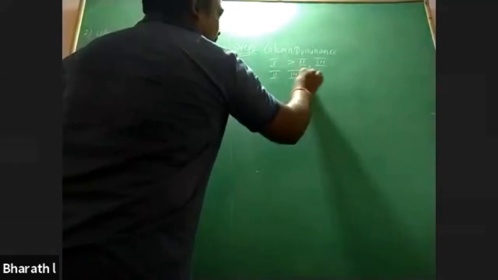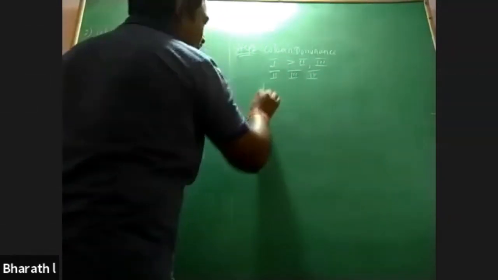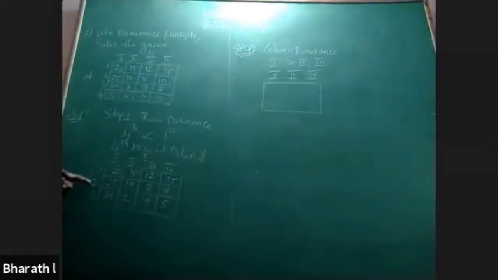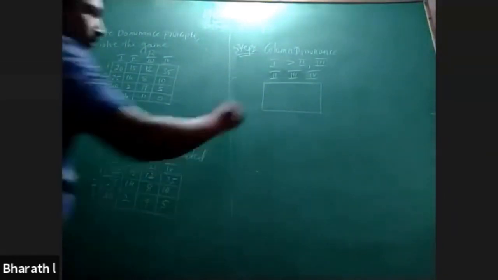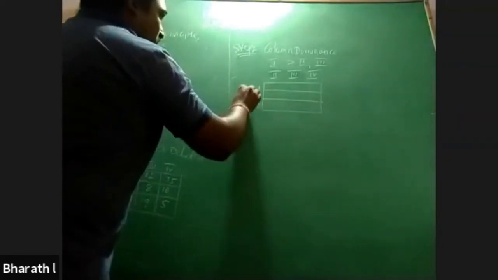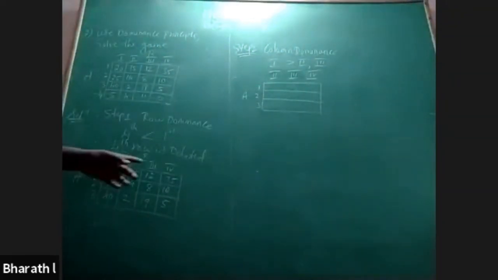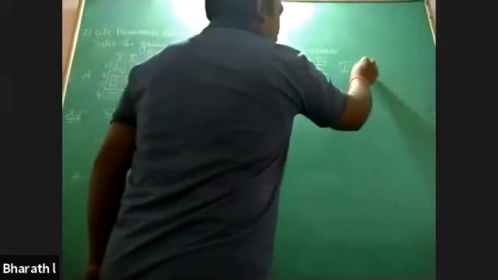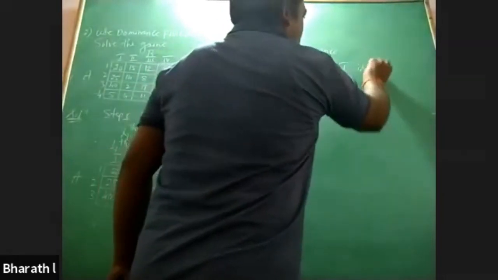Second, third, fourth, and the strategy with respect to A is 1, 2, 3. Here you write that the first is deleted because of higher elements.